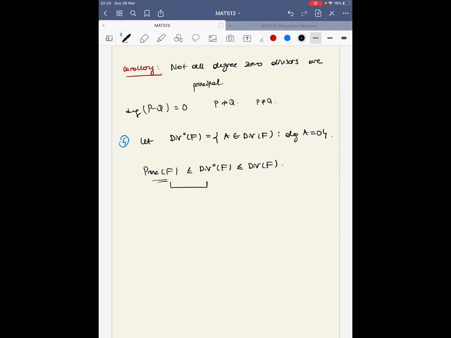And this subgroup structure allows us to consider the factor group, or the quotient group. In the literature, it is denoted by the Jacobian of F, and is also called the Jacobian of F.